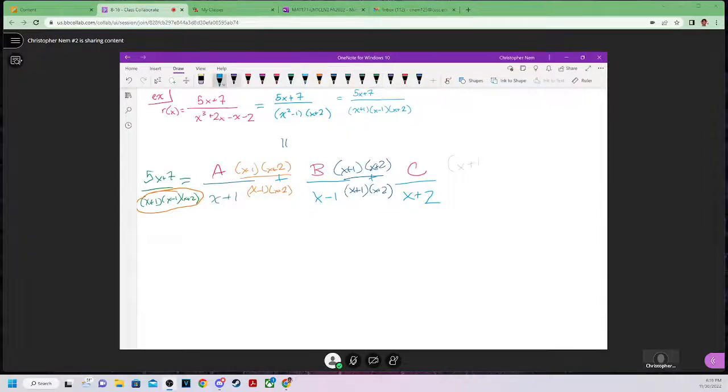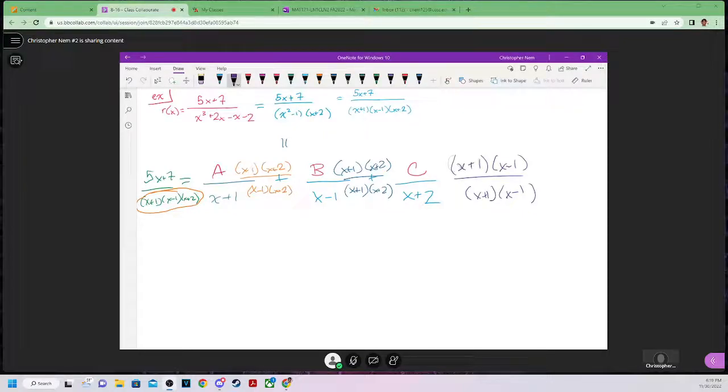Oops, let me use a different color. X plus 1 times x minus 1 over x plus 1, x minus 1. So I'm just multiplying all of these to get the same common denominator right now. Okay? I still need to figure out what A, B, and C's are. But this is how I would add the three fractions together, or three rational expressions.